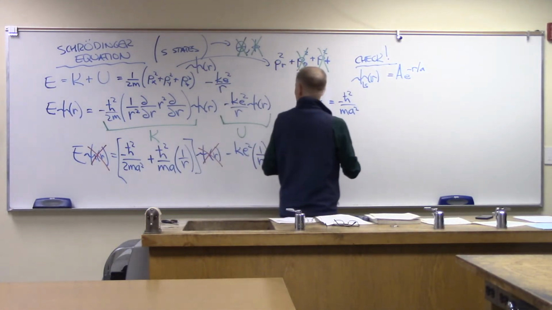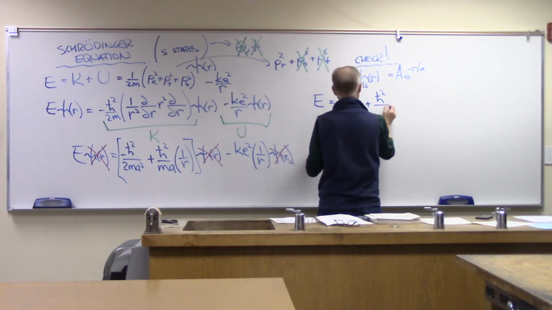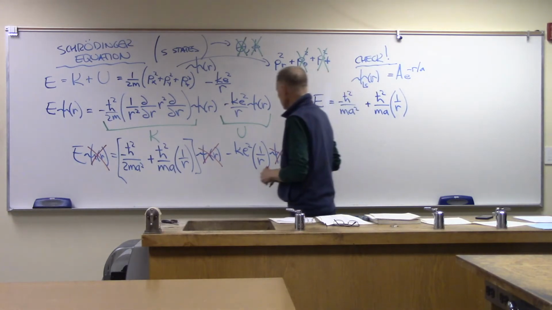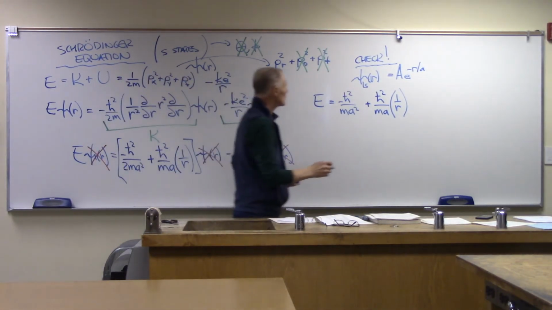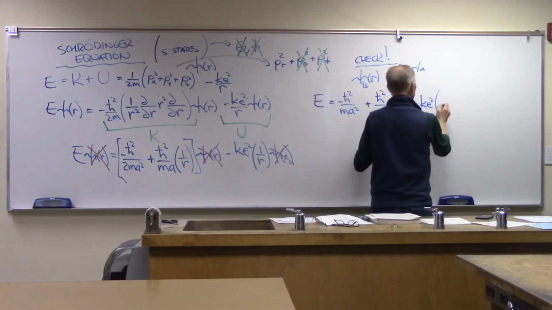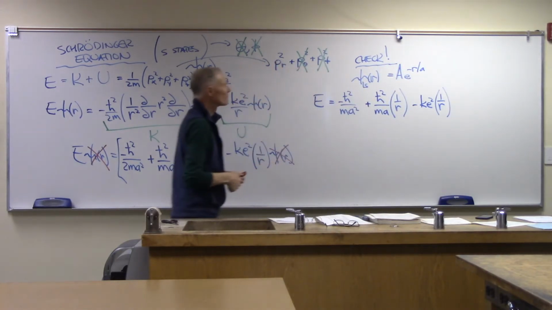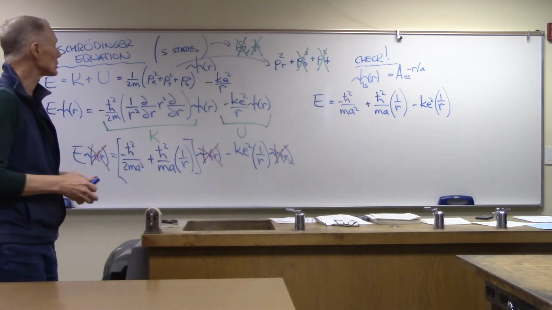And then what we have is plus h bar squared over ma times 1 over r. And then finally, I have this last term, which is minus ke squared 1 over r. That's what it looks like once I've cleared out the common factors of wave function.